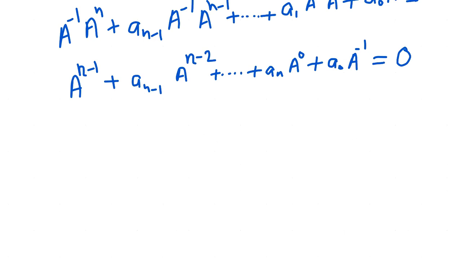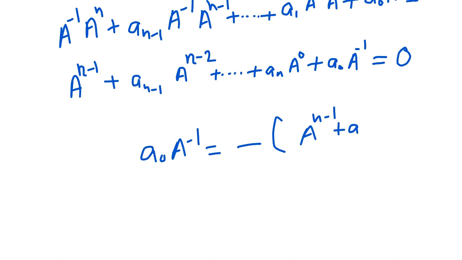So A0 into A inverse is equal to minus A to the power n minus 1 plus A(n-1) into A to the power n minus 2 plus up to A1 only into identity, because A to the power 0 means its value is 1, and 1 in matrix means identity matrix.